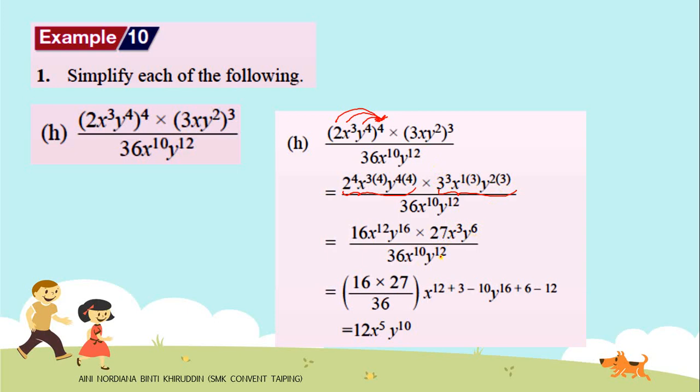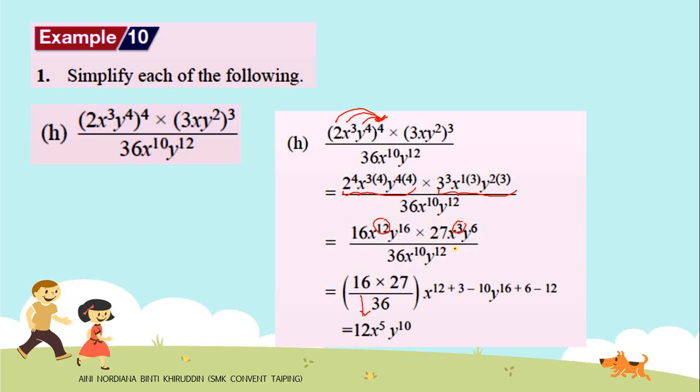The denominator remains unchanged. And the coefficient, do it in the bracket. 16 times 27 divided by 36. You can use your calculator and then you will get the answer 12. For x here, 12. Since this is multiplication, so plus 3.